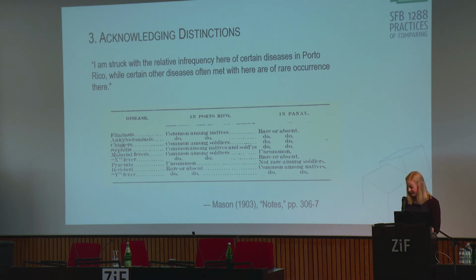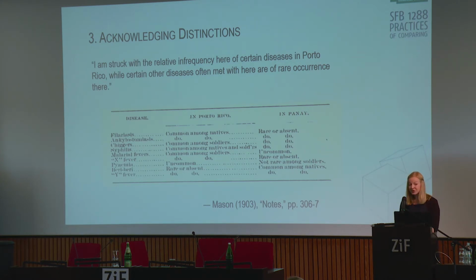categorizes local prevalence in very general terms, such as common, rare, not rare, uncommon, and rare or absent, while also distinguishing between two types of population, that's occupying troops and the locals, both for the cases of Puerto Rico and Panay.